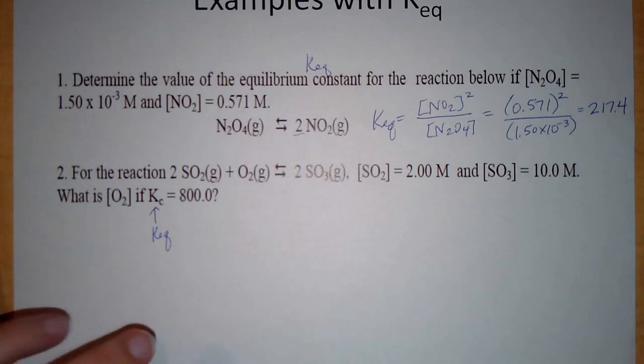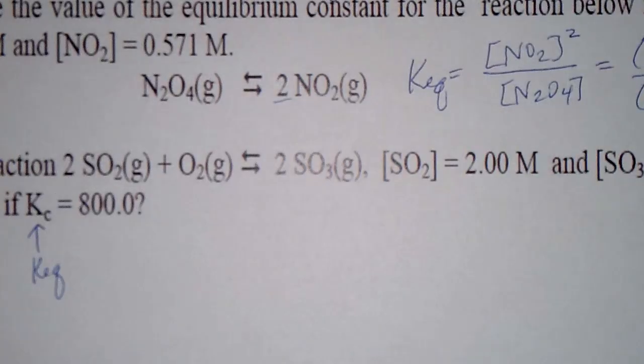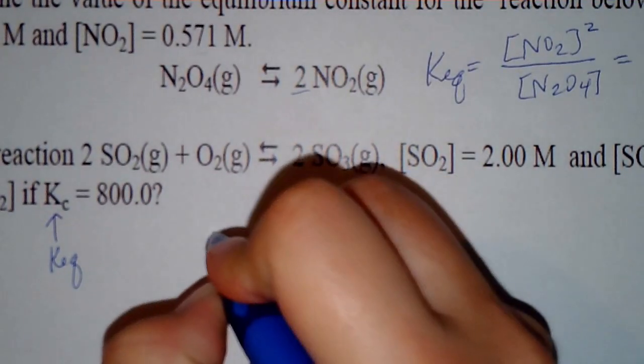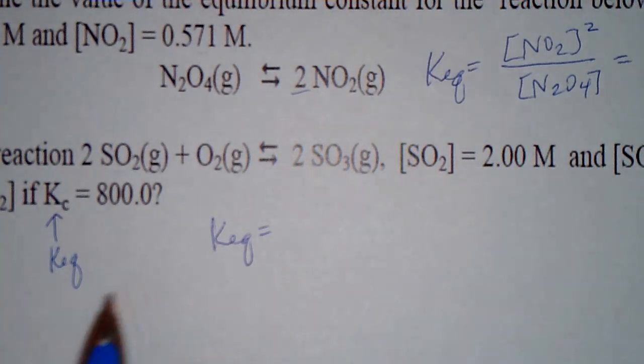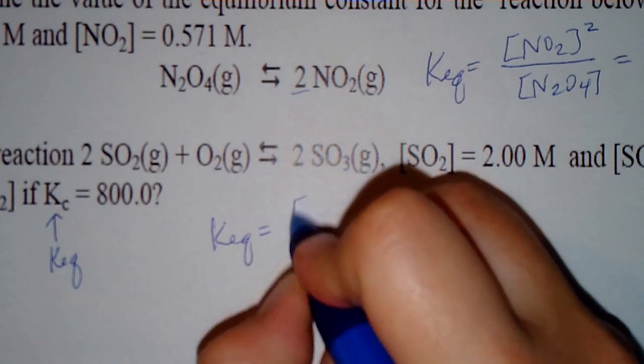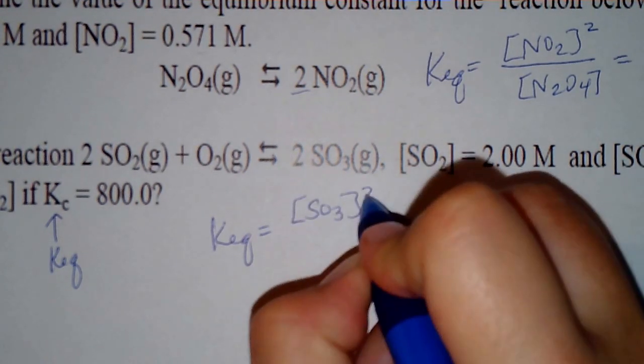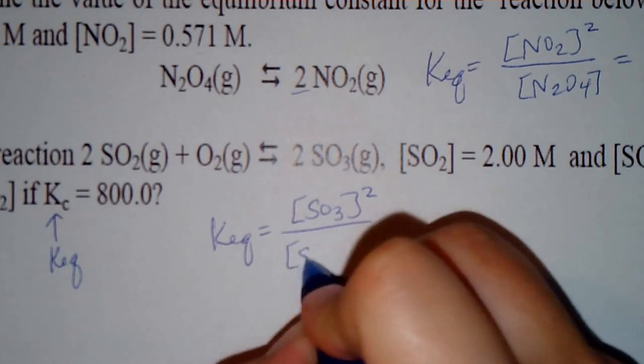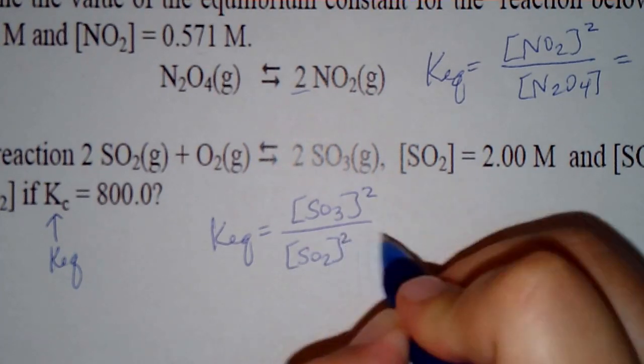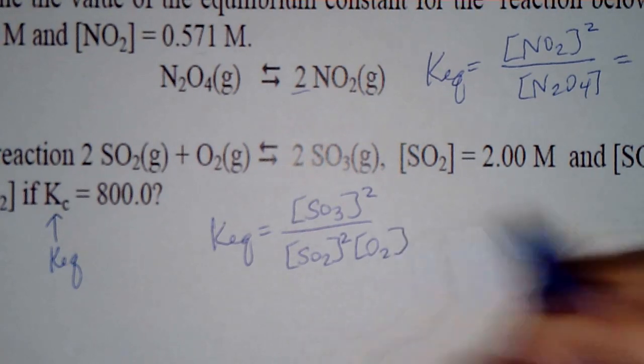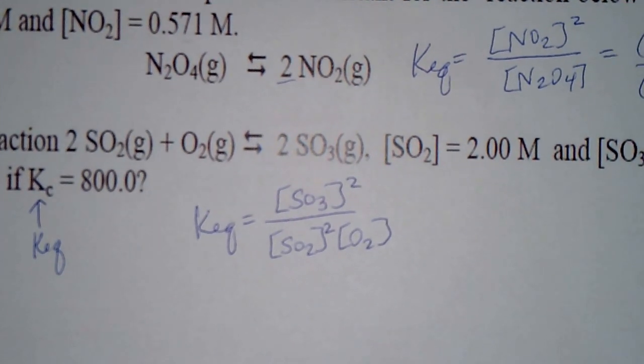So again, we're going to start with finding the expression first. KEQ is equal to our SO3 squared over SO2 squared times O2. Alright, that's our expression. Now we're going to fill in what we have.